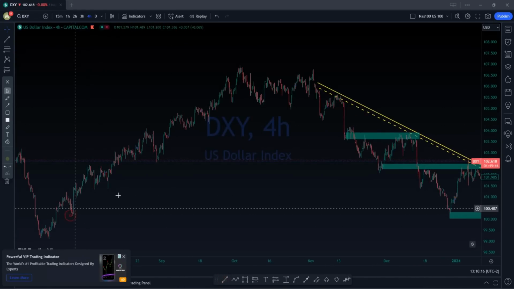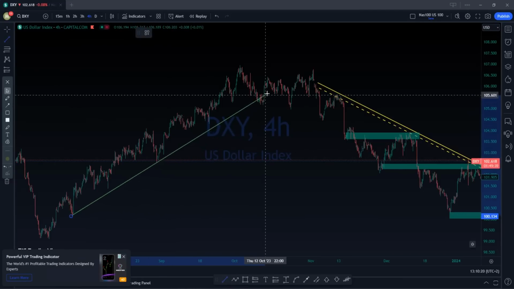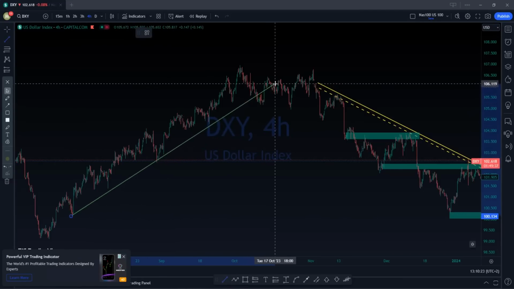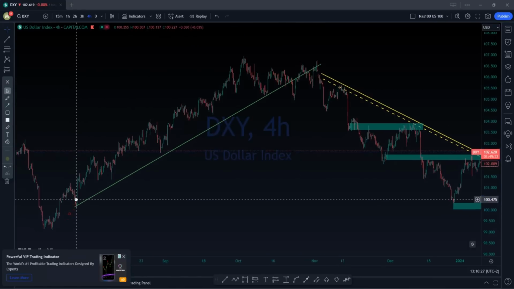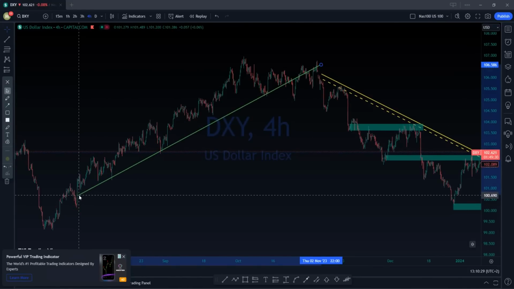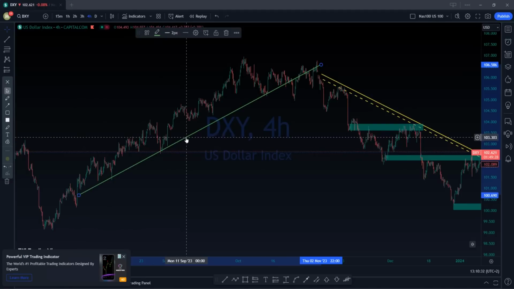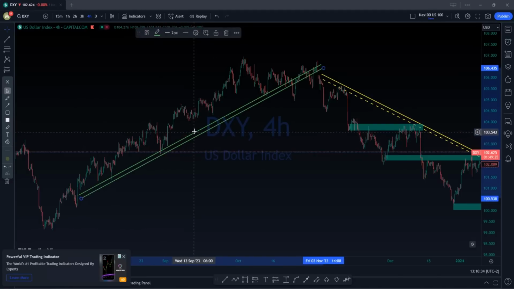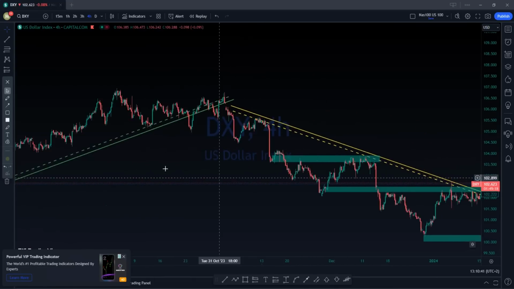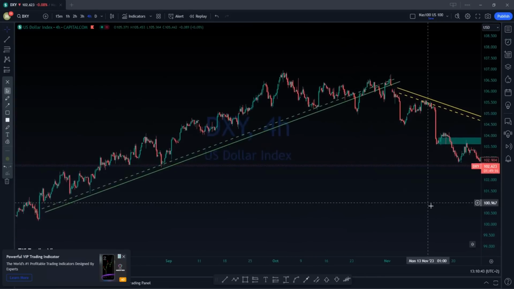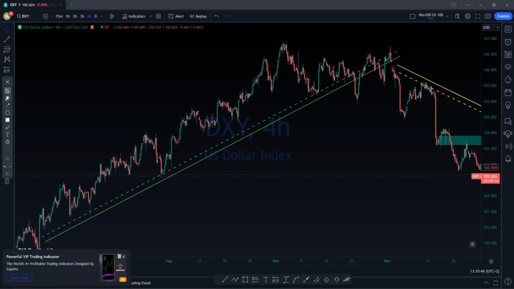We had a very nice uptrend. Before we jump on this, because breakouts can be tricky, we see a breakout here around this area.